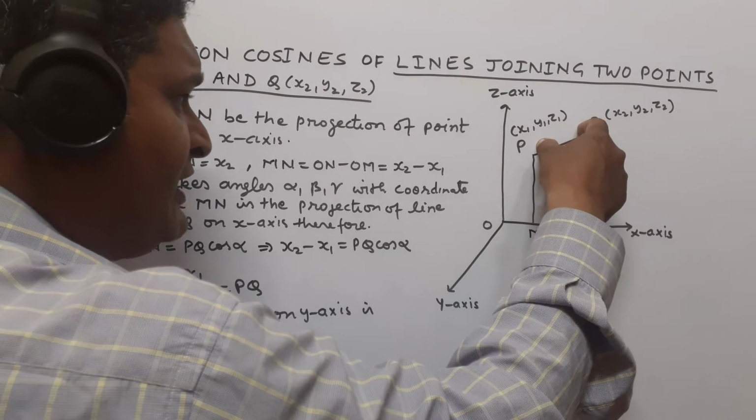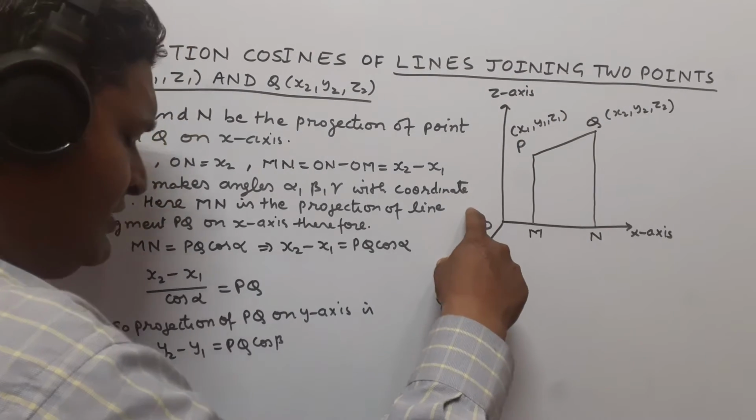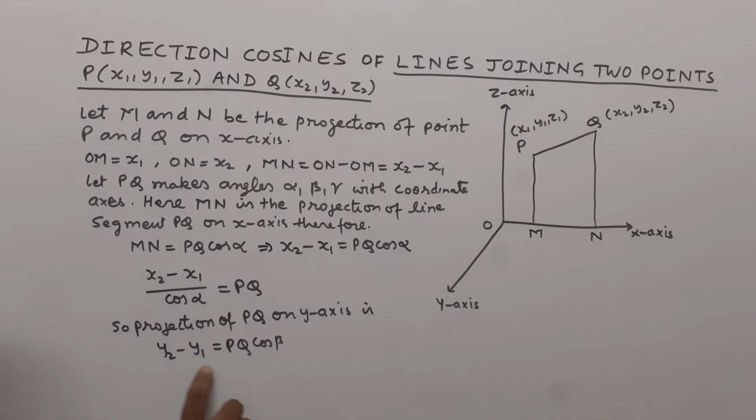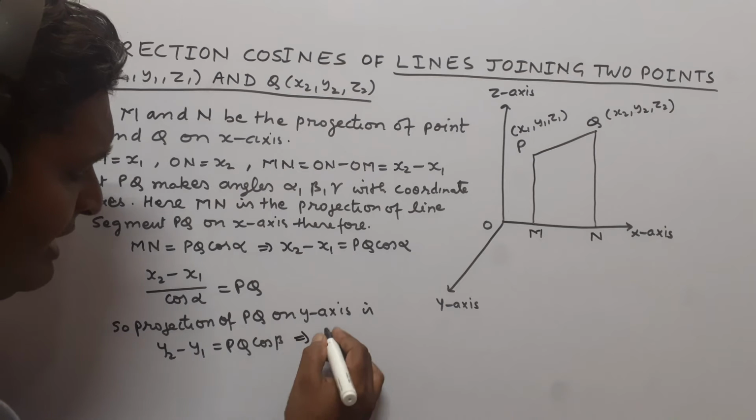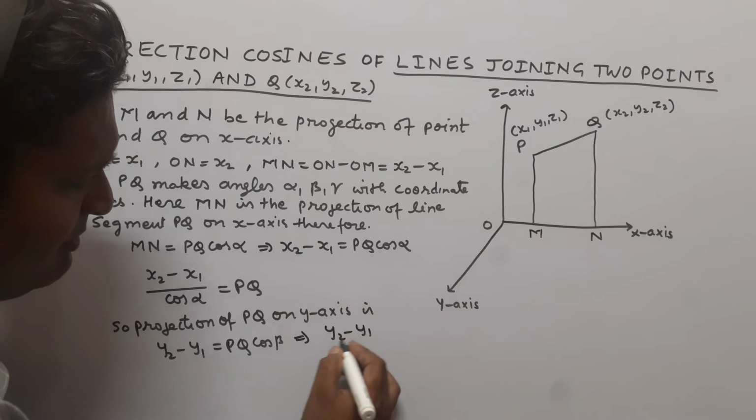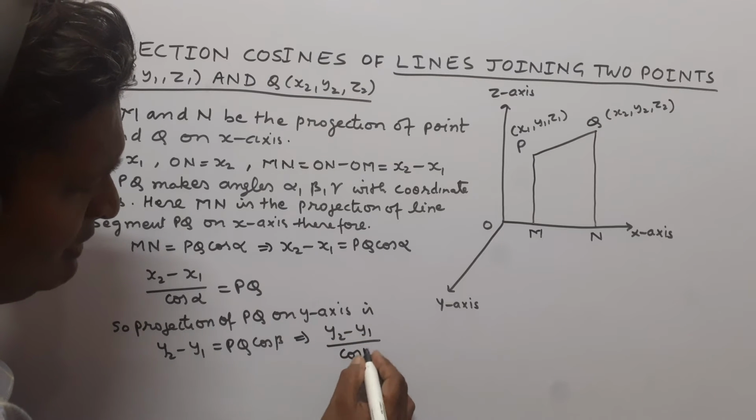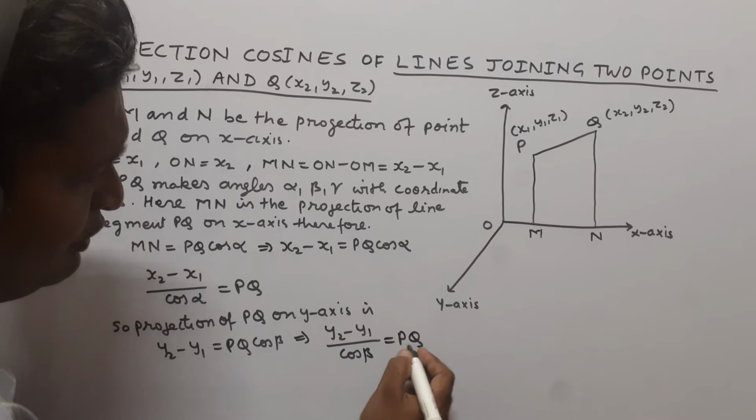So the projection of PQ on the y-axis is y2 minus y1 is equal to PQ cos beta. So this can be written as (y2 minus y1) upon cos beta equal to PQ.